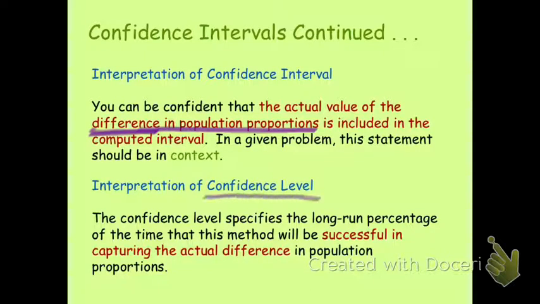Interpreting the confidence level is still the same. It's how often you capture the true difference. So if I have a 95% interval or confidence level, then I would say about 95% of the time I'm capturing the true difference in proportions. So the main word for this unit is just difference.